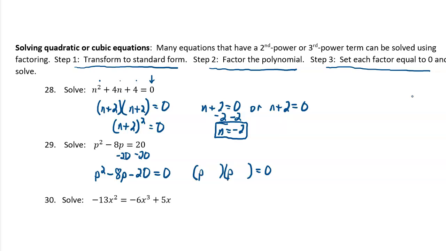P times p, and then -10 and +2. Those two numbers multiply to -20 and add up to -8. Step 3, set each factor equal to 0, and solve. P equals 10 or P equals -2.